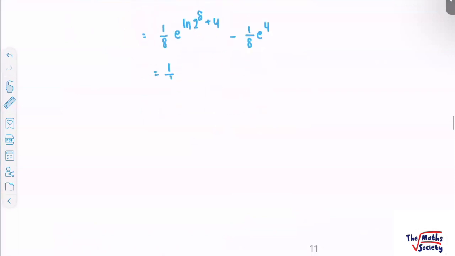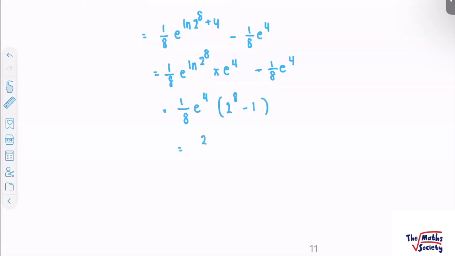That is 1 by 8 e power ln 2 power 8 multiplied by e power 4, minus 1 by 8 e power 4 as well. That's 1 by 8 e power 4 times 2 power 8 minus 1, so that's going to end up with 255 by 8 e power 4.